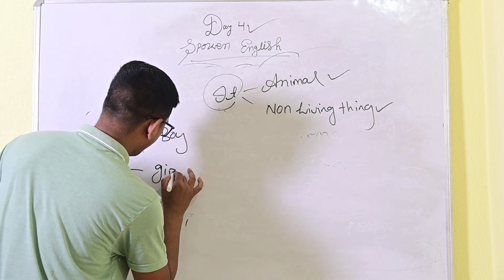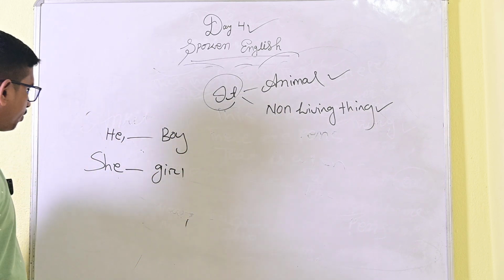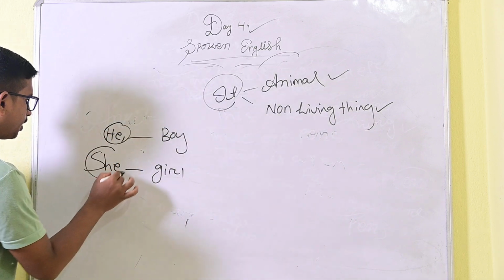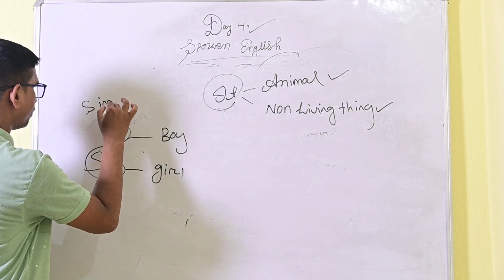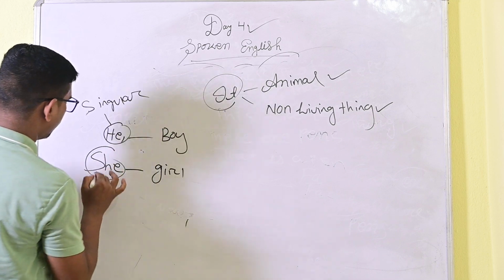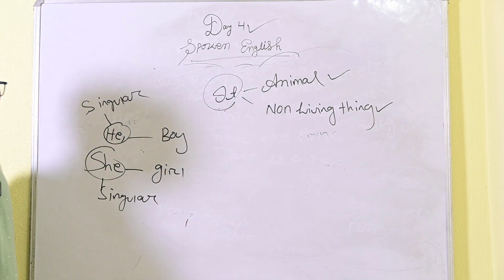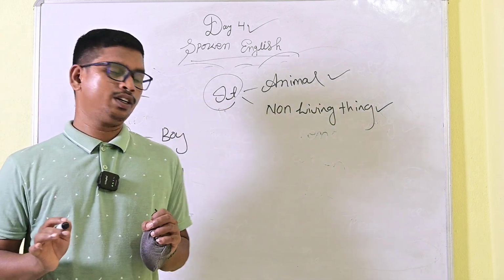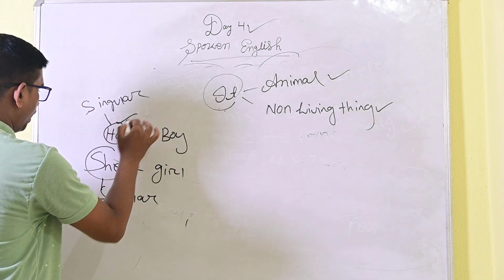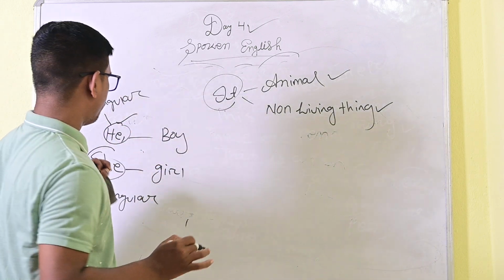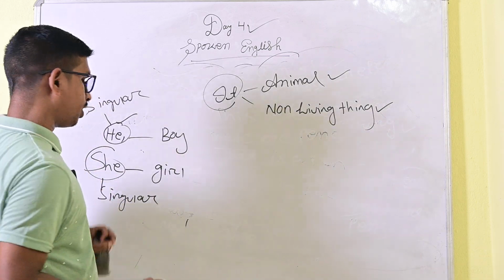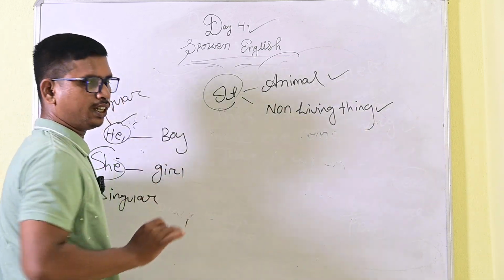And he and she are singular. One more thing I want to say: he is used for boy and she is used for girl, and he and she are singular.